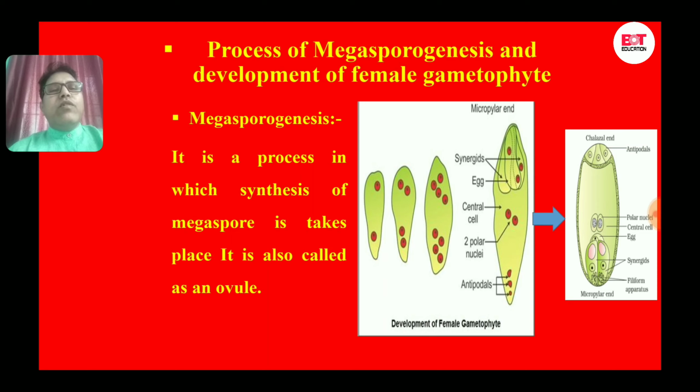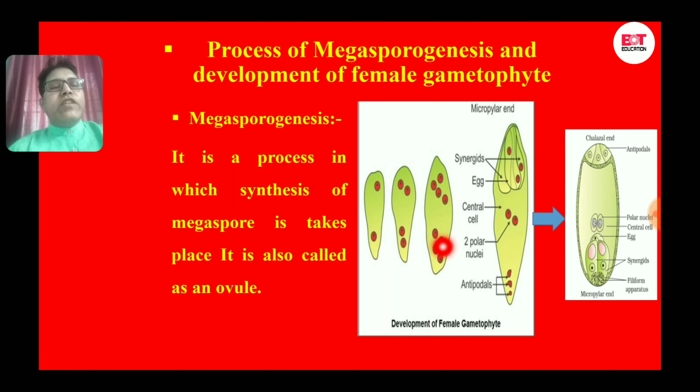As we know, the megaspore mother cell, that is MMC, divides meiotically and forms four nuclei, out of which only one will be functional, and this develops into two nuclei.